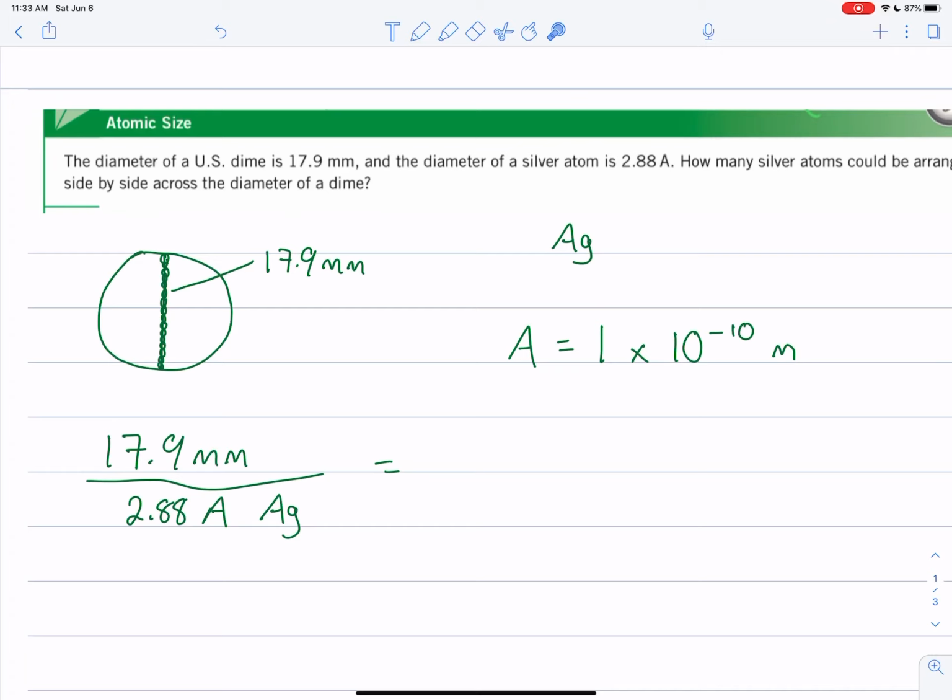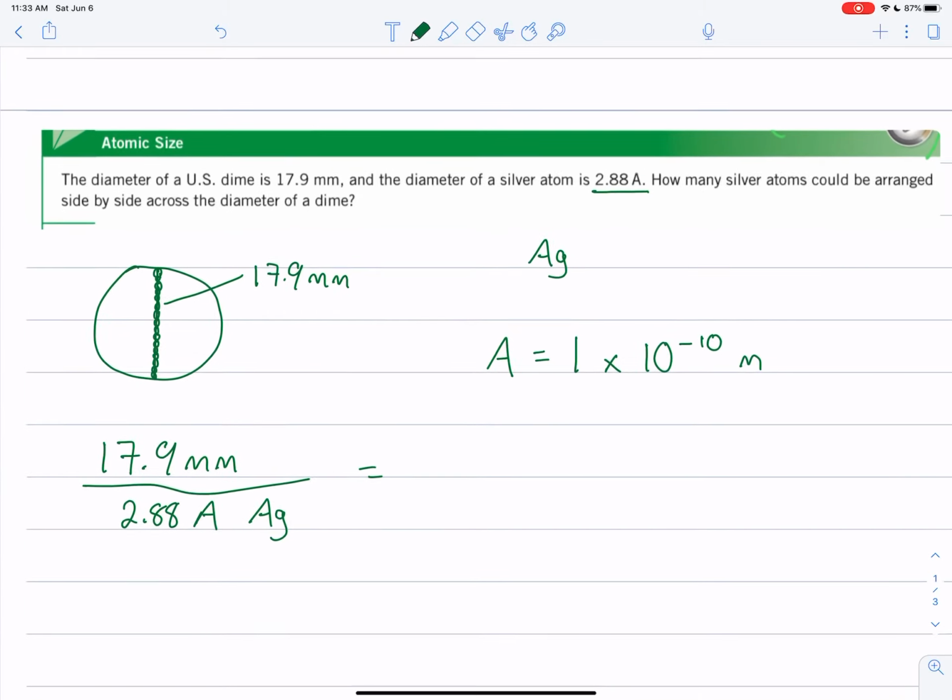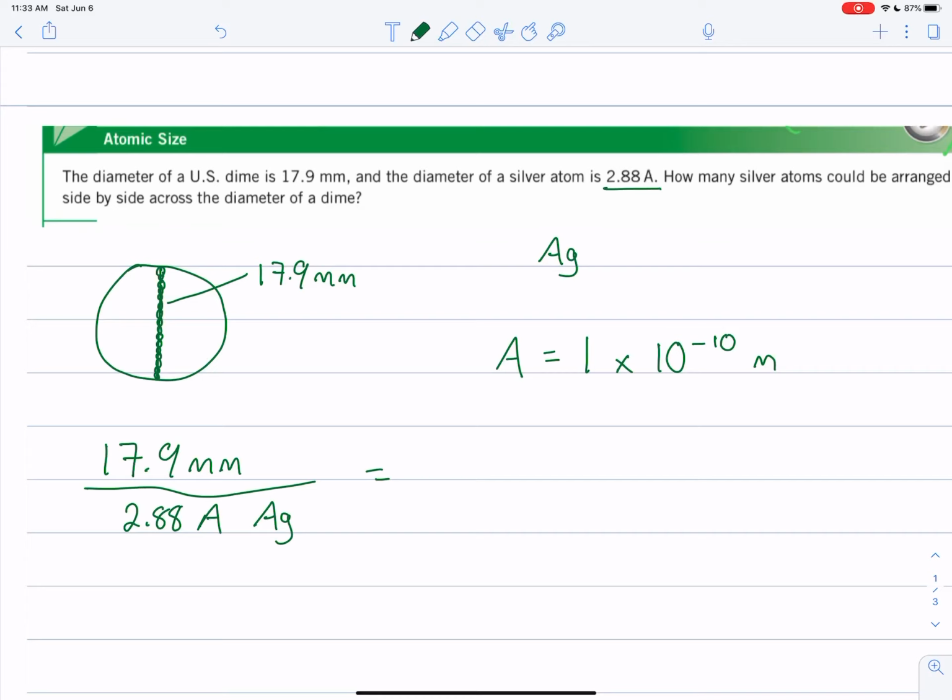And remember, ultimately this is a division problem. This is how many of this little number, 2.88 angstrom, and I will explain what an angstrom is in a second, can fit into this larger thing, this diameter of a dime, right? So right here, we are dividing our small number into 17.9 millimeters.